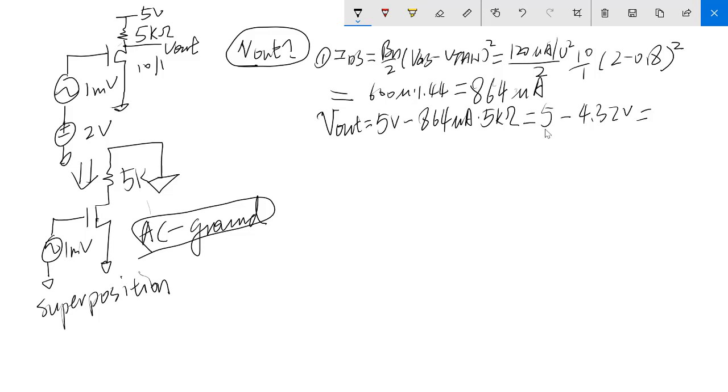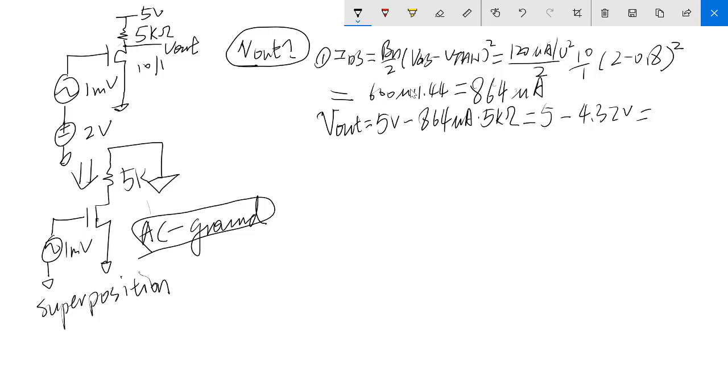Yeah, I think something is wrong here. I think the values I picked will put this guy into a linear region.